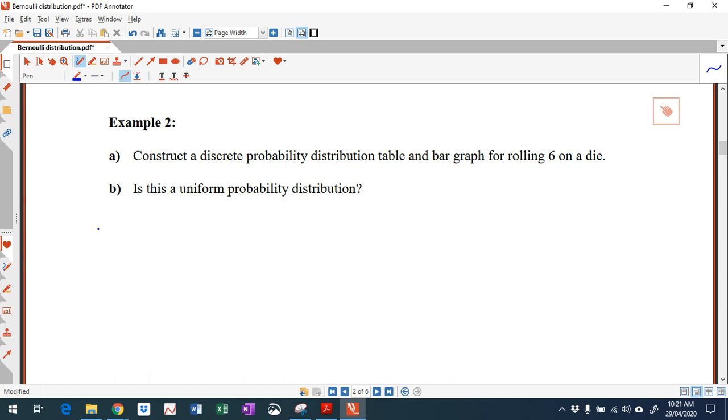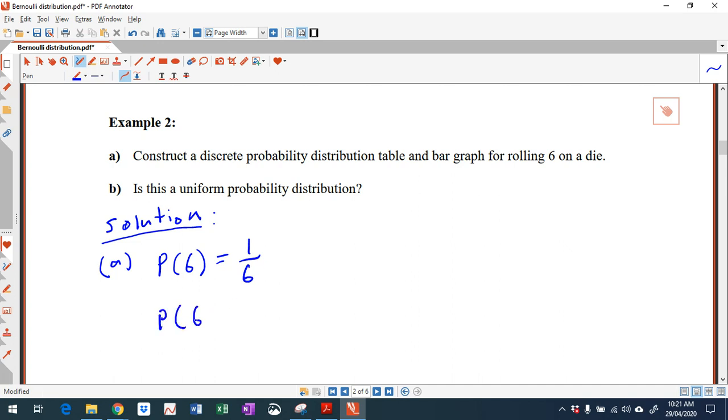For the solution, let's look at part A. Now, the probability of getting a 6 is obviously 1 over 6, and the probability of not getting a 6 is 5 over 6.